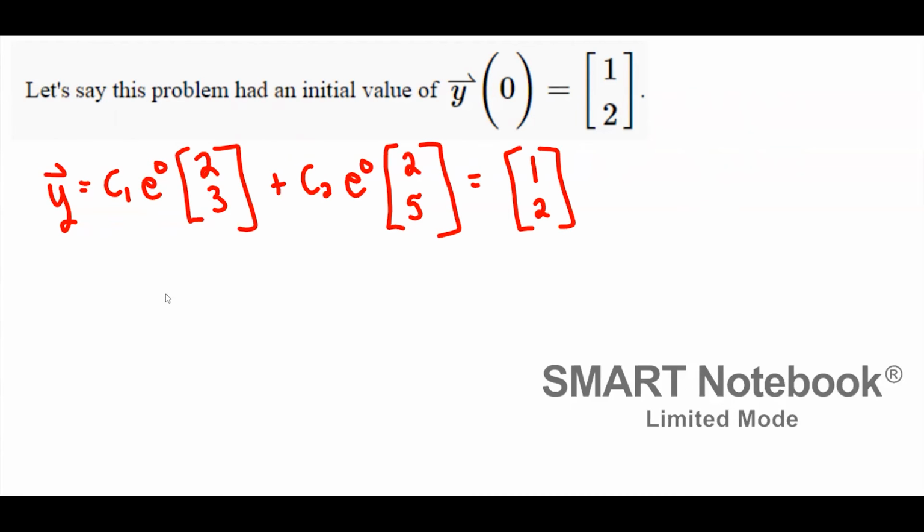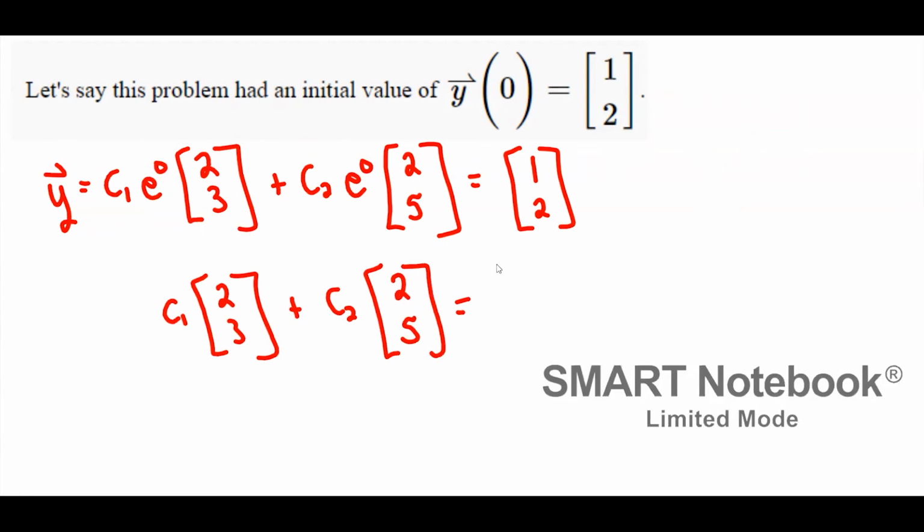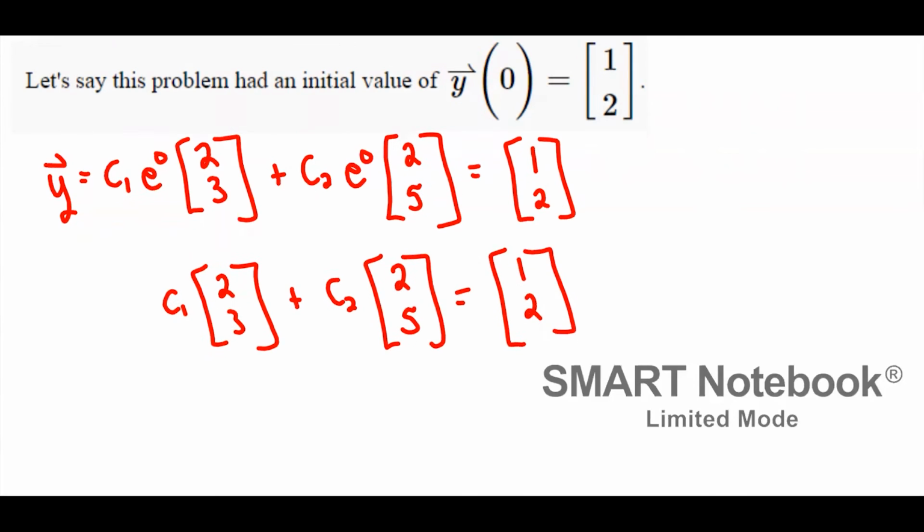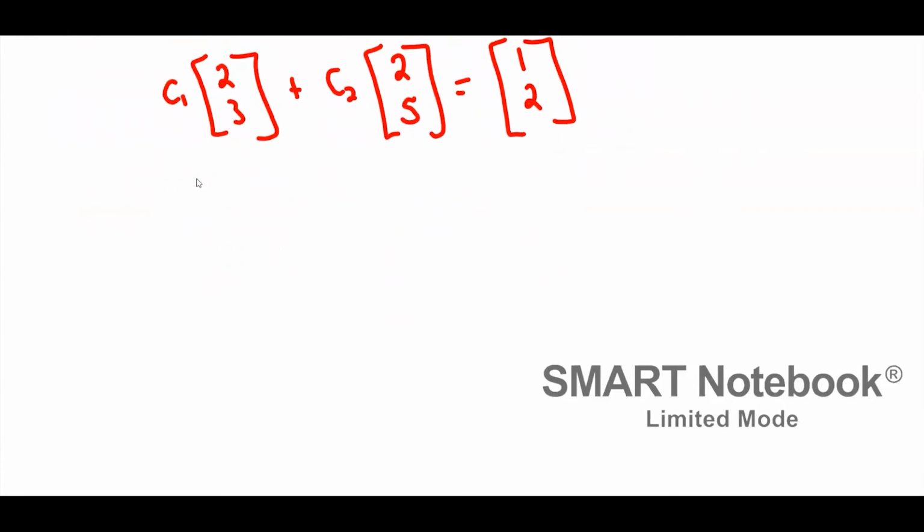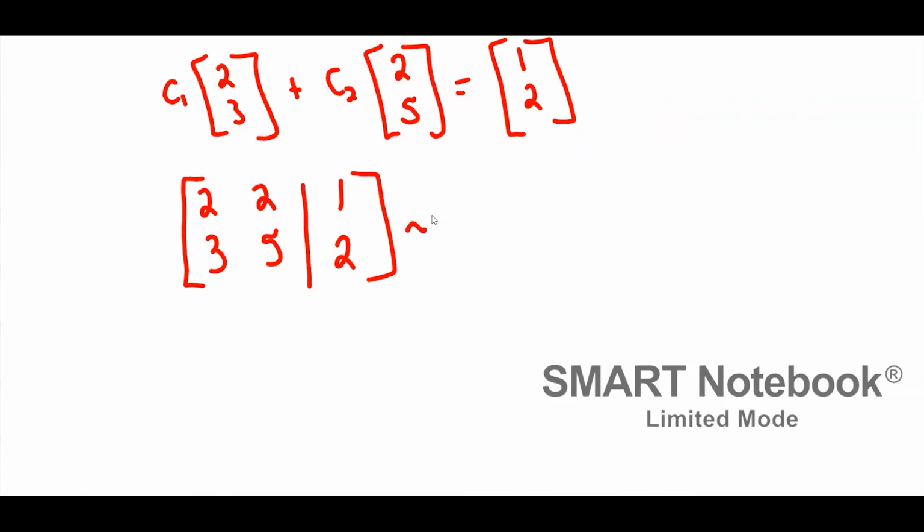So this is the same as C1 times 2, 3 plus C2 times 2, 5 equals 1, 2. And you can convert that into a system. We'll put these in a matrix, coefficient matrix, and we're going to augment with 1, 2 and row reduce.